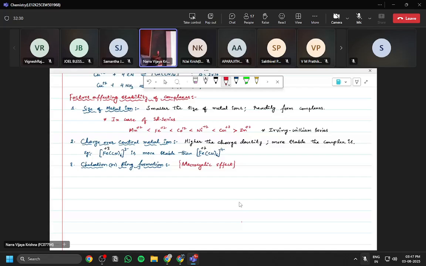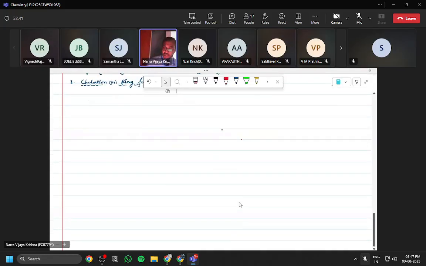In case of bidentate ligands, for example, ethylenediamine I am considering. What is the donor? CH2, CH2, NH2, NH2. Which is the donor now? Nitrogen, right? Now if you take Cu2+ with ammonia molecules, which is the donor? Here also nitrogen only.